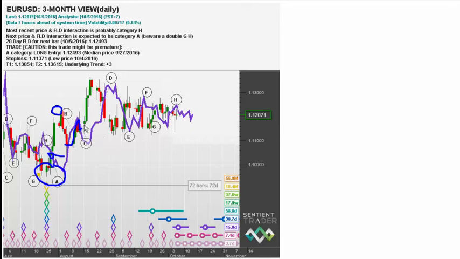The C category interaction gave us another big burst upwards in price, and we had a nice clean cross down for the D category interaction as it came down to the 40-day cycle trough.